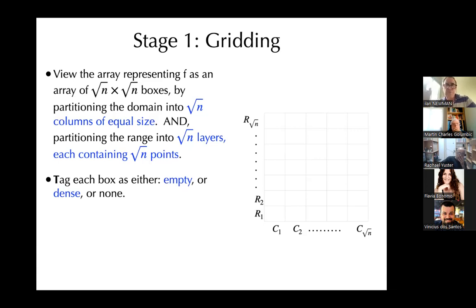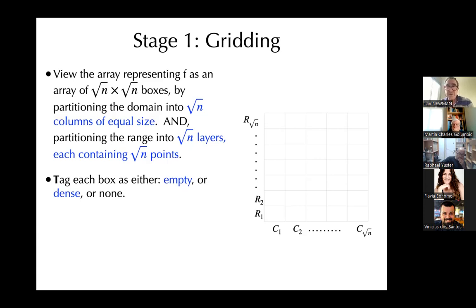So what do I want from this partition? I want that every column will be of size square root of n. That's easy because we know that the domain is exactly n. So we partition it into square root of n disjoint columns.